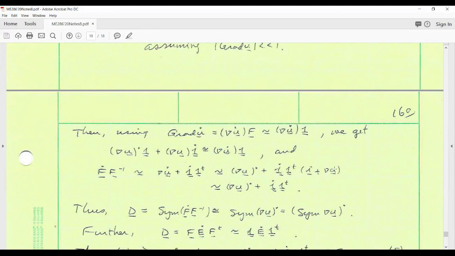And then we have this part hanging out here. The spatial displacement gradient is small compared to the spatial identity, so we can approximate that further this way.